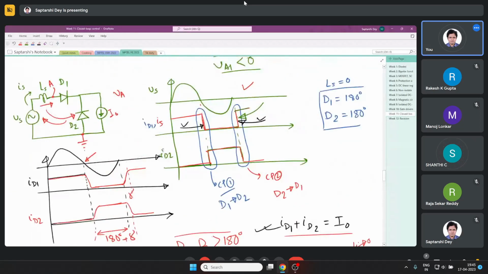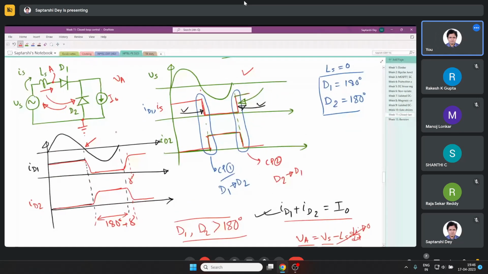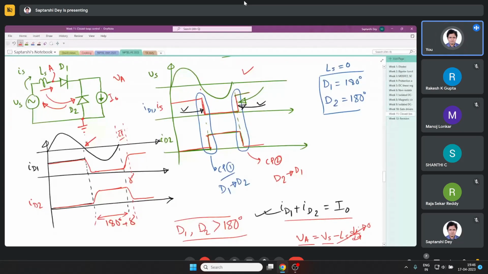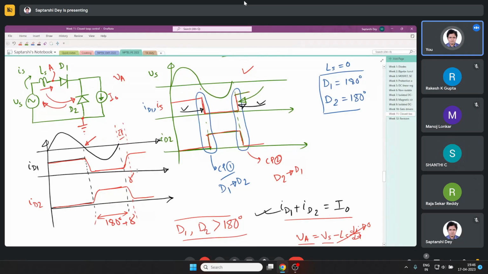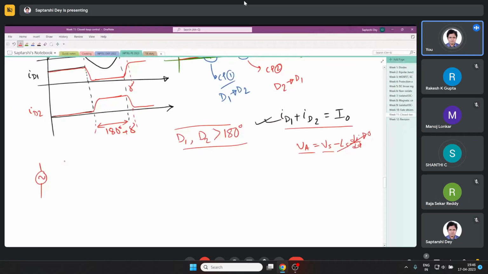What is happening? You see, during this commutation period, CP, if I write, both D1 and D2 are conducting. Everyone okay with that? Yes. So during this period, I can draw the circuit like this.